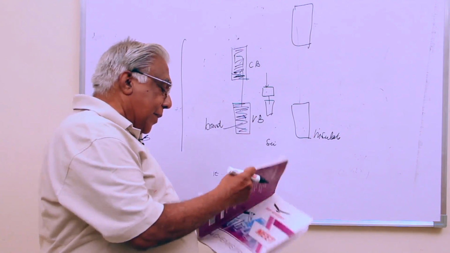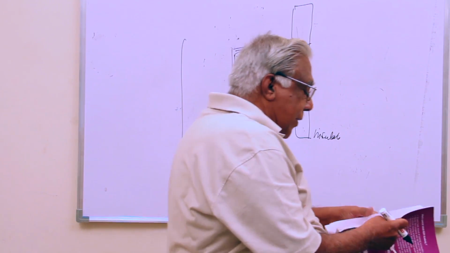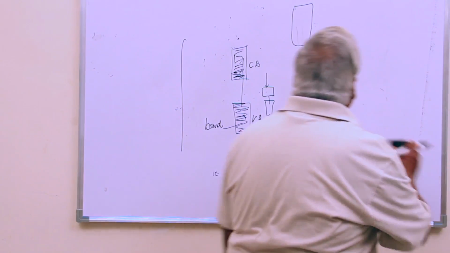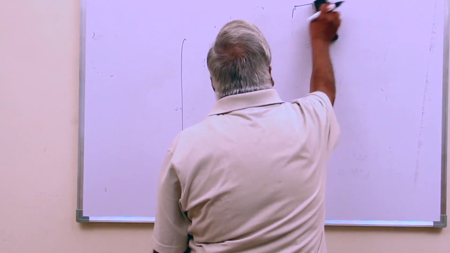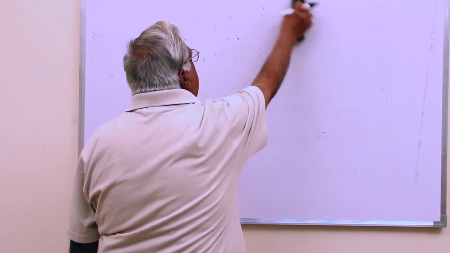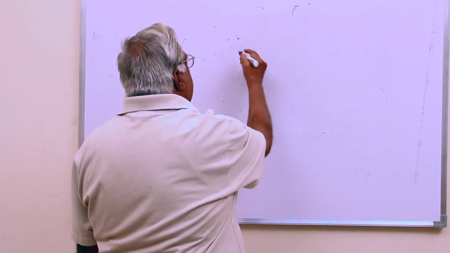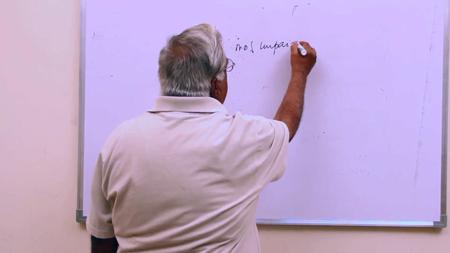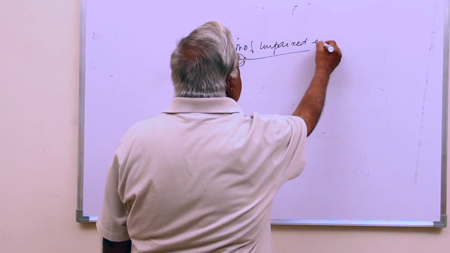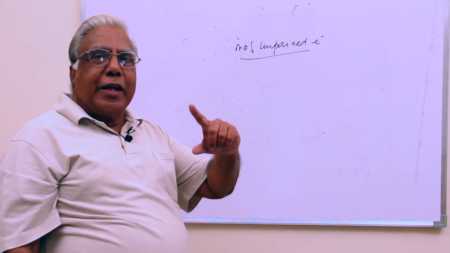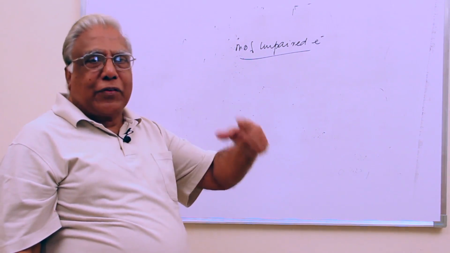Now, there is another important property, the magnetic properties. The magnetic properties depend on the number of unpaired electrons present. We have already learnt in atomic structure that the electron revolves around the nucleus and also spins around its own axis.